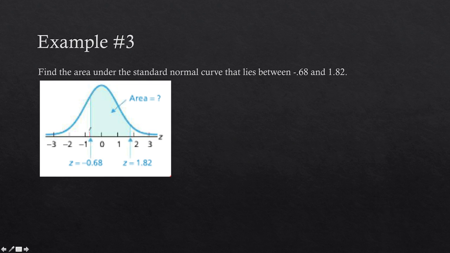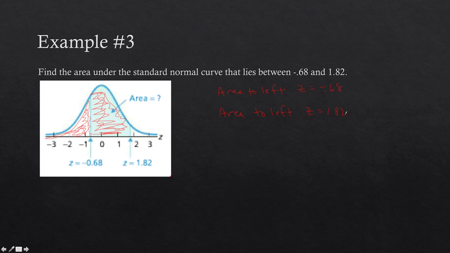So if I just look at this part right here, that's the area to the left of where our z-score is negative 0.68. Okay? Well, if I add this to it, that's the area to the left of where z is 1.82.